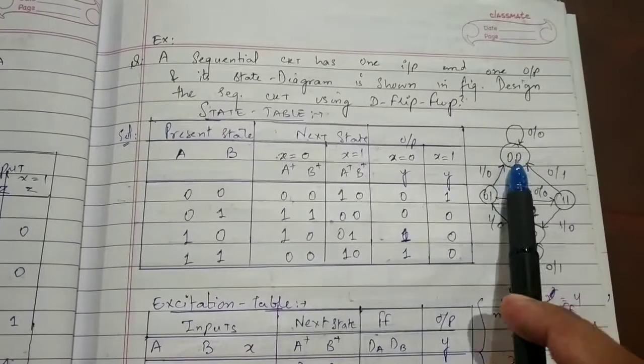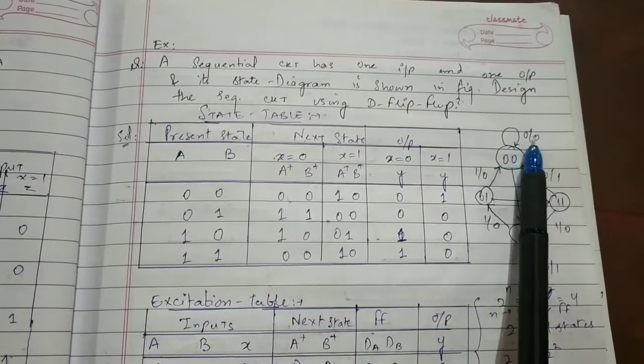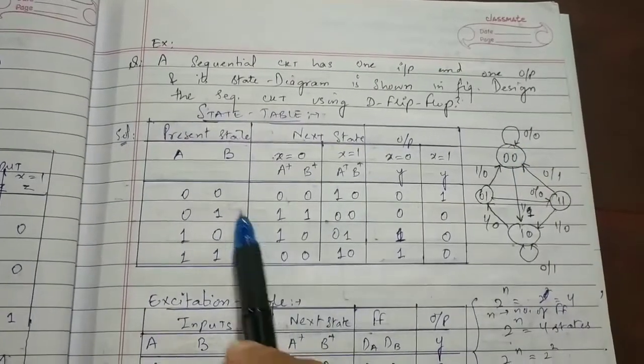For state 00, the next state is 00 itself when input x is equal to 0, and output y is equal to 0.